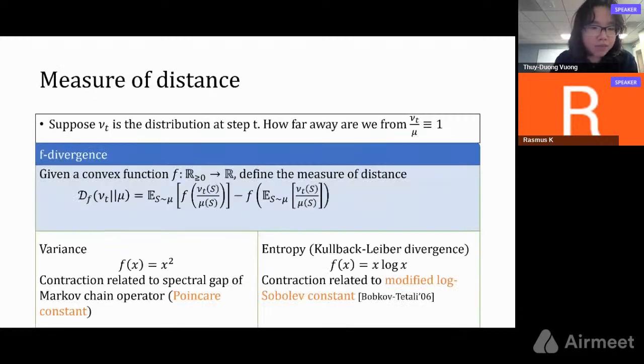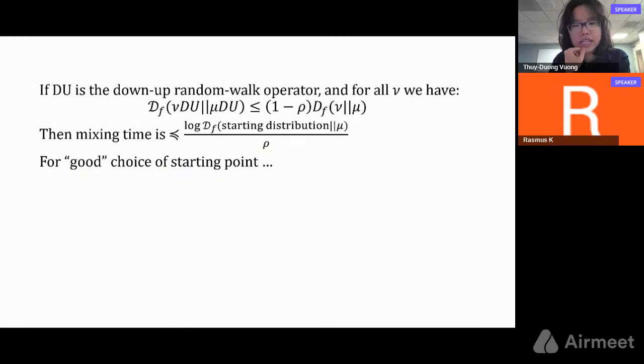Contraction in terms of variance divergence is related to the Poincaré constant, which is again related to the spectral gap of the Markov chain operator. On the other hand, contraction in terms of KL divergence is related to a newer notion called the modified log-Sobolev constant that was established by Bobkov and Tetali. And contraction in entropy divergence is very useful for bounding the mixing time of a Markov chain. That will come in the next slide.